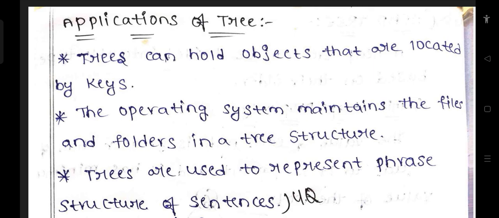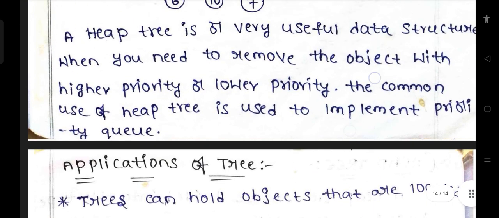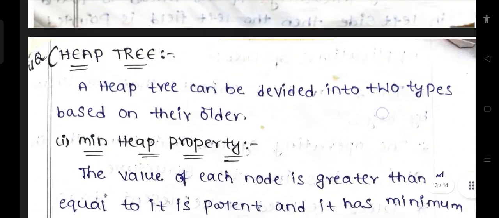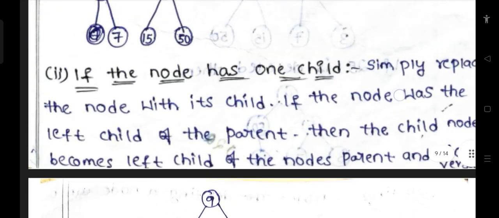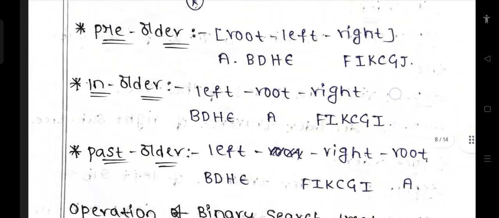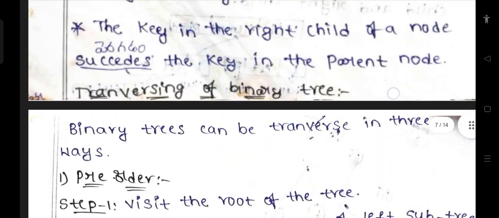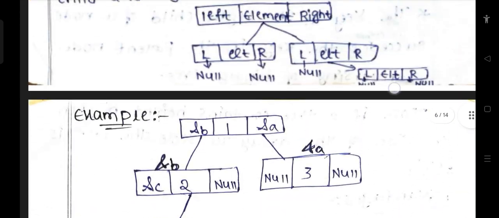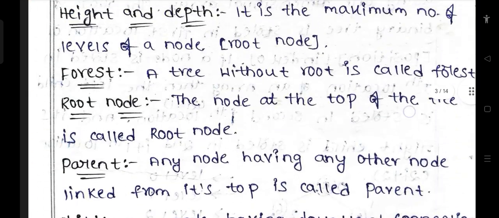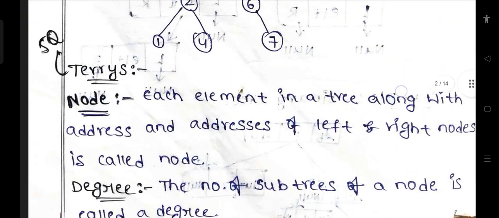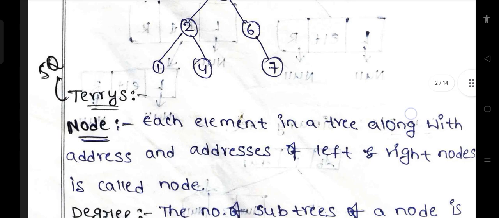So this is the entire topic of unit 4 of Data Structures using C. In closing, let us check what topics we discussed. Firstly, tree definition, advantages and disadvantages of the tree, and next, types of tree. We discussed binary search tree and heap tree.